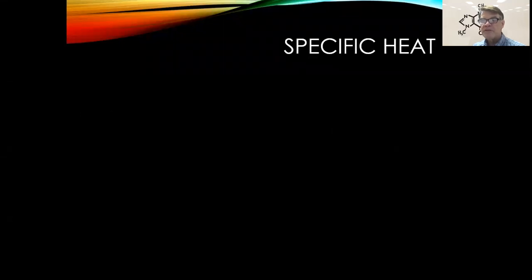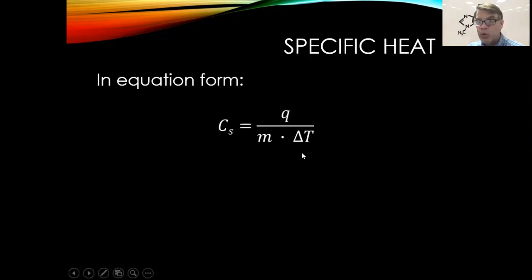So what does the specific heat look like in equation form? Well, we can put into variables what we just said verbally. The specific heat of something, S is for specific, is the amount of heat, Q, that it takes to raise 1 gram mass by 1 Kelvin, by 1 degree Celsius. That's delta T, change in temperature. So there's the formula version of what we just said verbally.